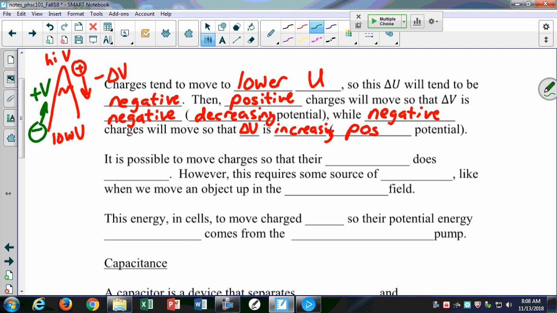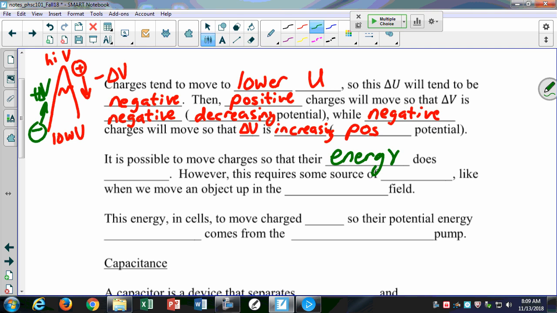Here I have a positive change in potential for negative charges. It's possible to move charges so that their energy does increase. Because in both of these, their potential energy is decreasing, right? My potential for motion, my motion is increasing, but as I move from here to here, my potential energy is decreasing.